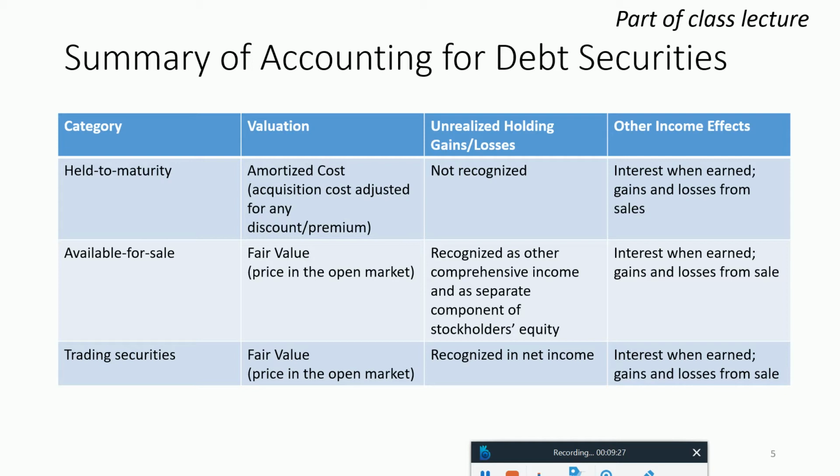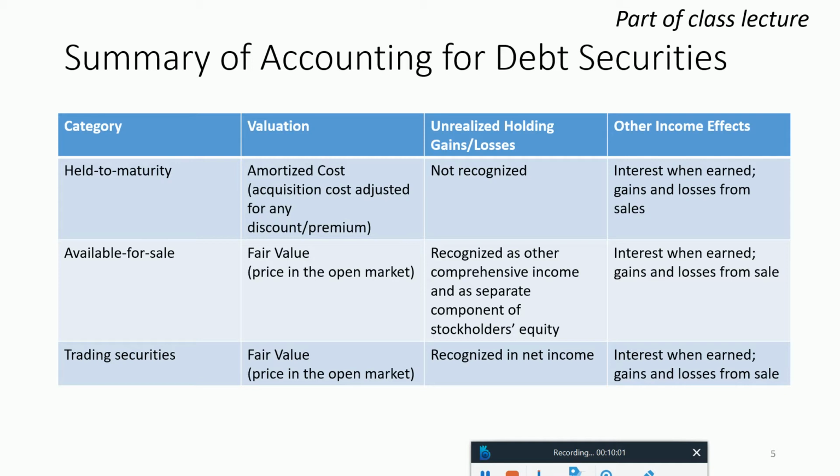Now, as the value of that security changes over time, we do not recognize any of those unrealized changes in a financial statement. When interest is earned, perhaps periodic interest earned on a semi-annual basis, we will record those periodic interest payments as revenue. And finally, when we settle the debt, at the maturity date, any gains or losses would be recorded at that point in time.